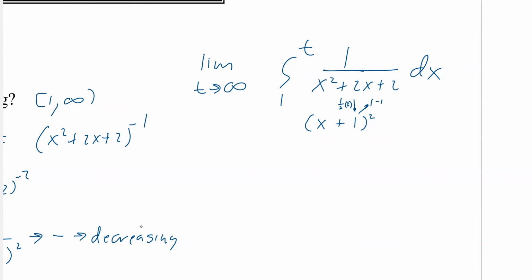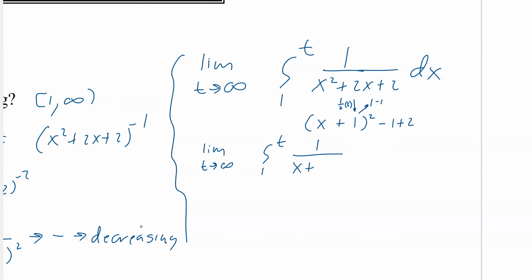And so we have to subtract 1 to cancel it, so minus 1 plus 2. And so we end up with the limit as t approaches infinity of 1 to t, 1 over x plus 1 squared plus 1 dx, and there's our arctan. So inverse tangent of x plus 1 is what we would get from t to 1.